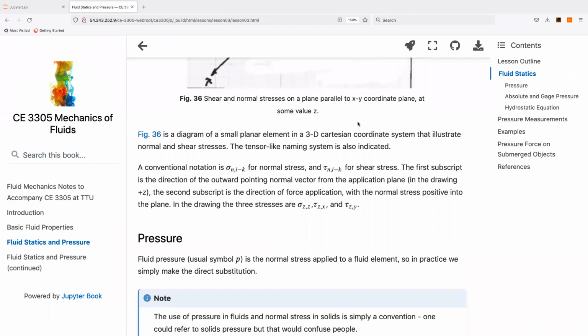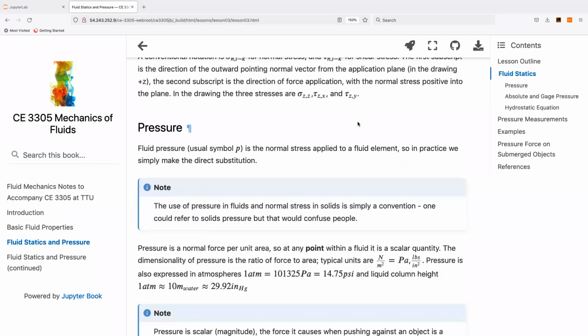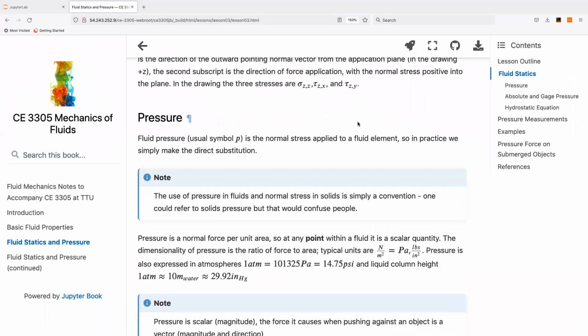So if we were to write those three stresses that are depicted on the picture that I just disappeared from your vision, we have sigma ZZ is a pressure force, tau ZX and tau ZY are the X and Y components of shear, respectively.